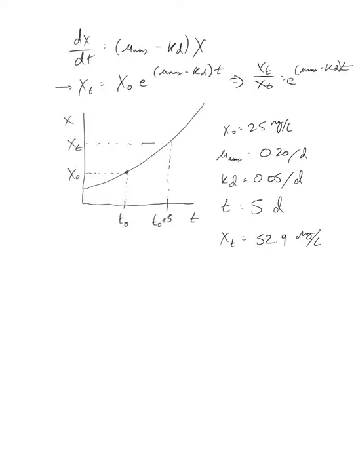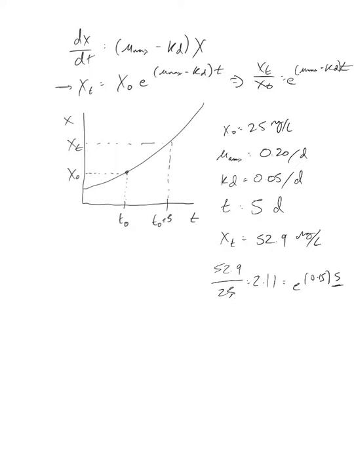And so x sub t over x sub 0 is 52.9 over 25, which in this case is 2.11. And that's just equal to e to this mu max minus kd, 0.15, times 5 days.